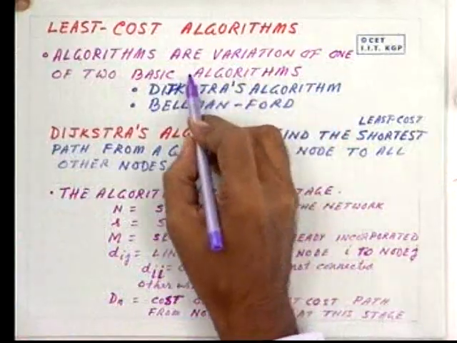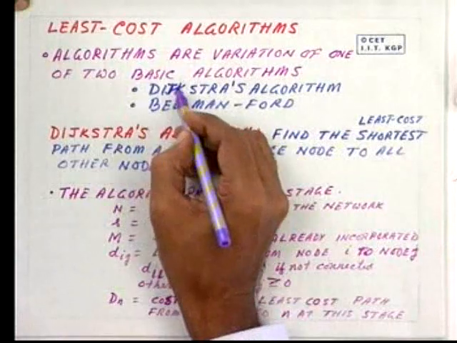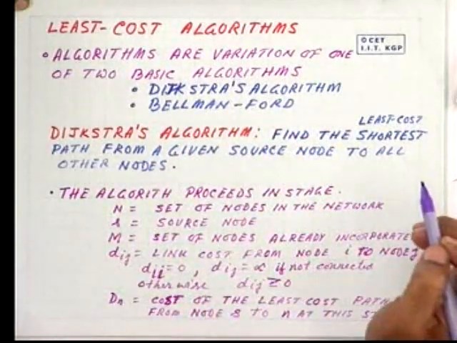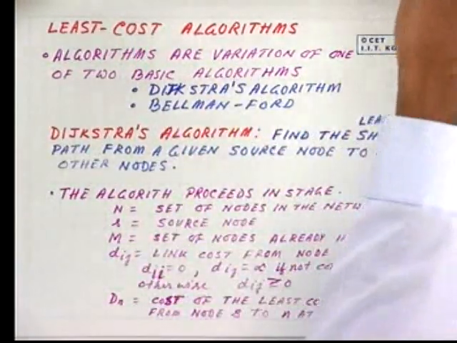Let me give you the basic approaches. The algorithms are variations of one of the two basic algorithms. One is known as Dijkstra's algorithm. Another is known as the Bellman-Ford algorithm.